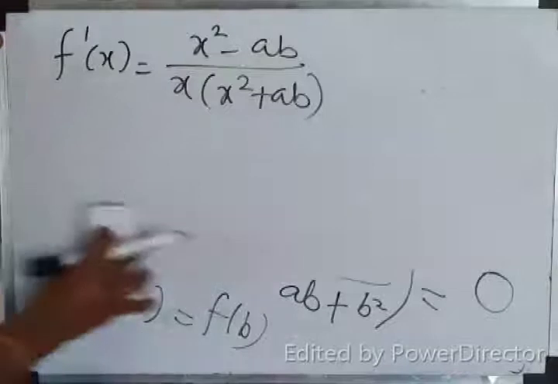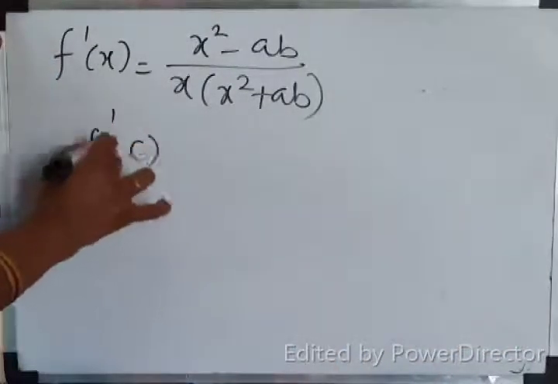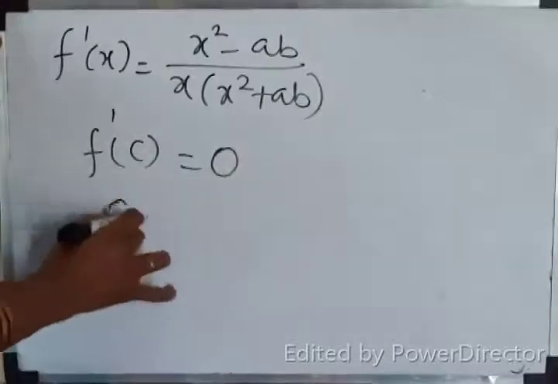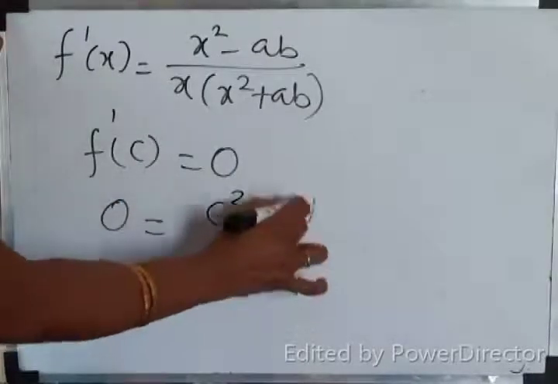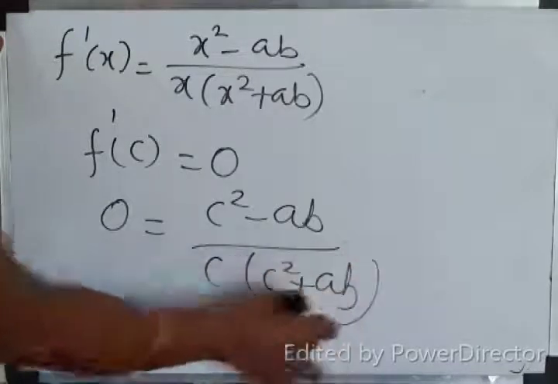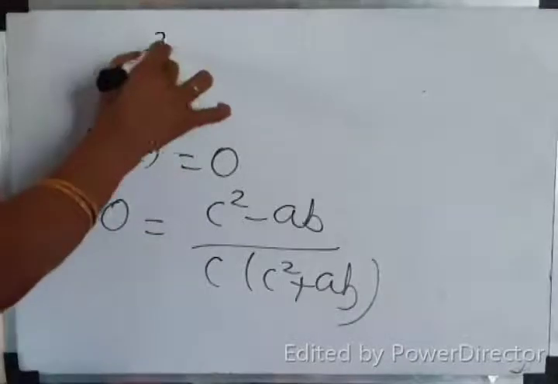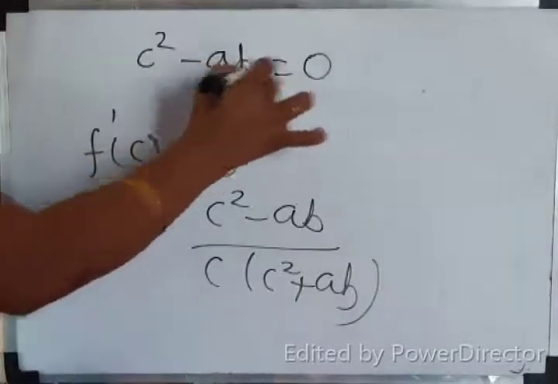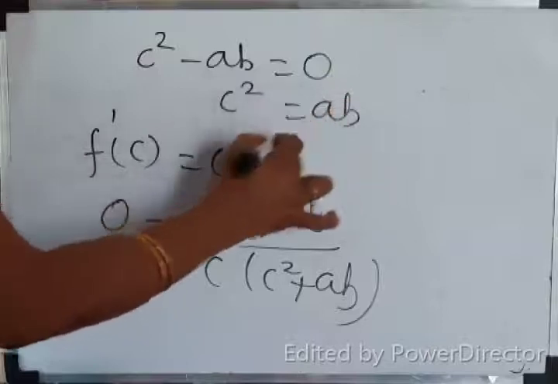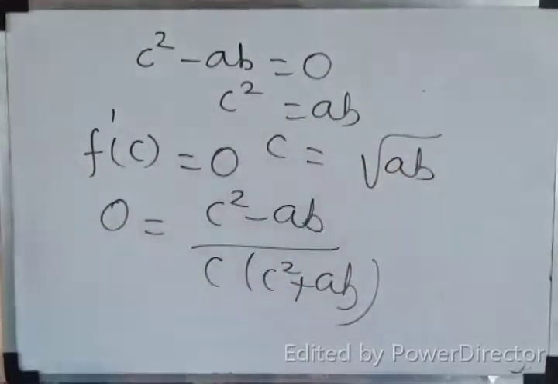Then, there exists at least one c such that f dash of c equal to 0. That is 0 equal to c squared minus ab by c into c squared plus ab. Cross multiply. What will you get? c squared minus ab equal to 0. c squared equal to ab. c equal to plus or minus root of ab.